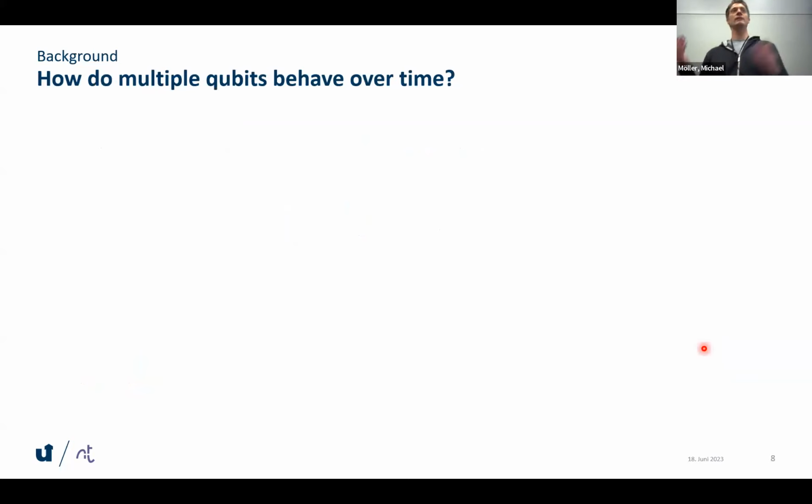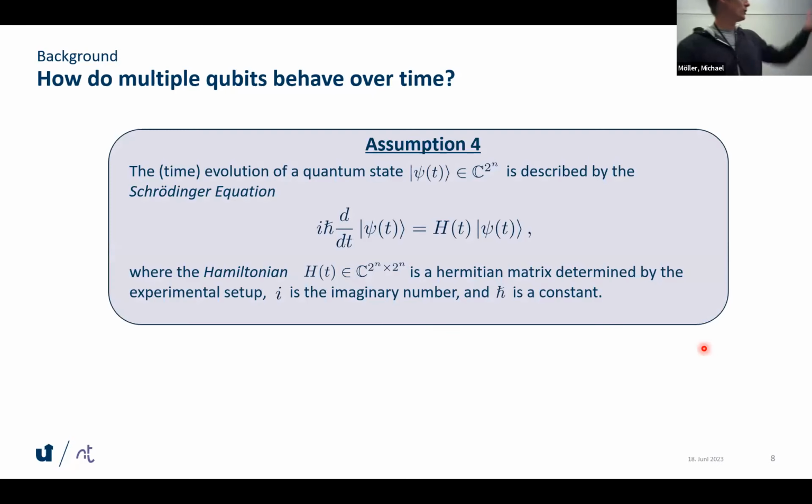And now the only left assumption I need to tell you for you to understand how quantum computing, or this aspect of quantum computing that I want to talk about, namely quantum annealing, works, is understand how multiple qubits behave over time. And this is, don't be shocked by the slide now, known as Schrödinger's equation.